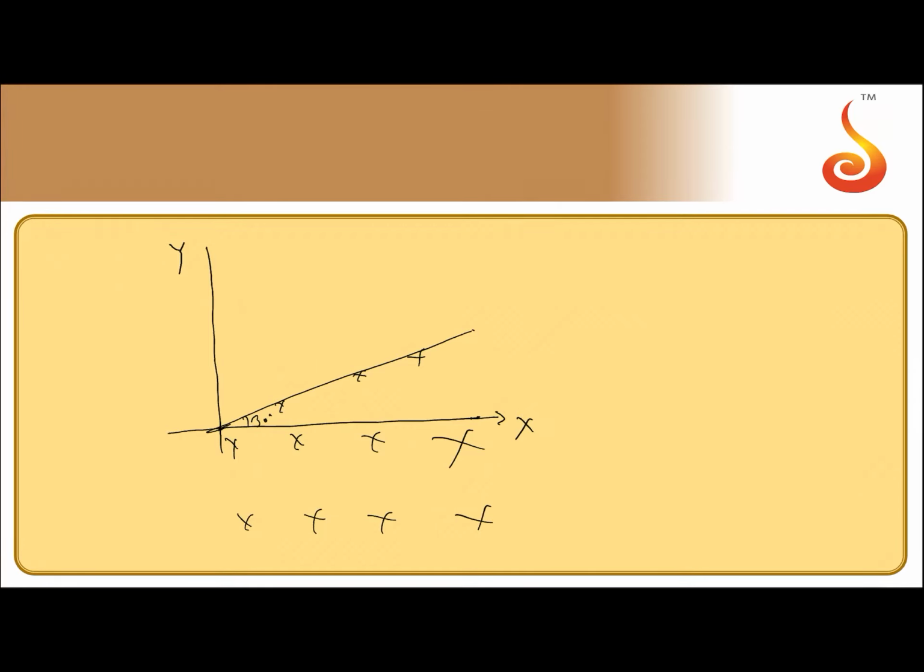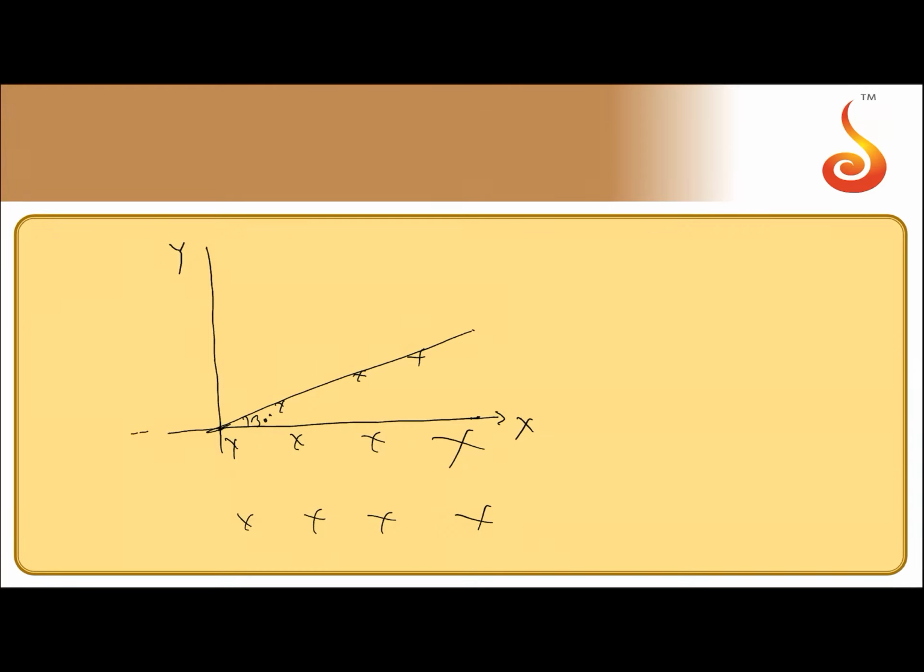The situation will be like this. X axis, y axis, and the field is below this line. This angle is 30 degrees. The field is in the xy plane, but below this line, like this.